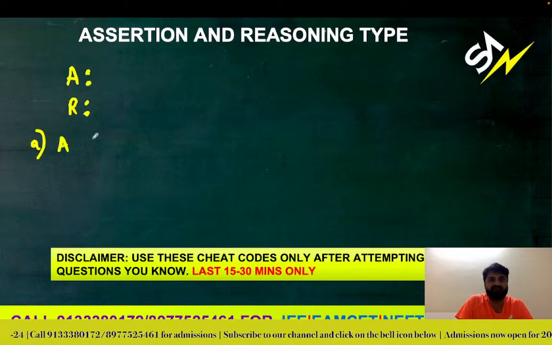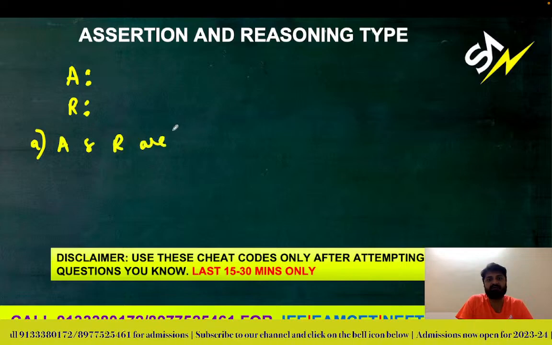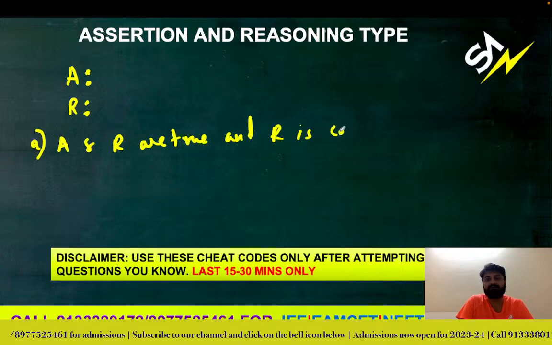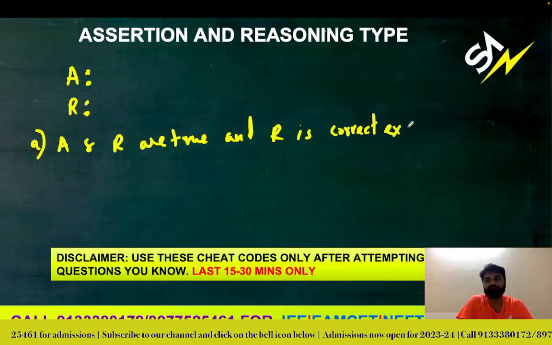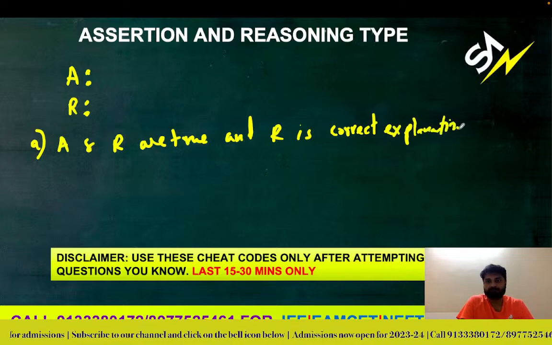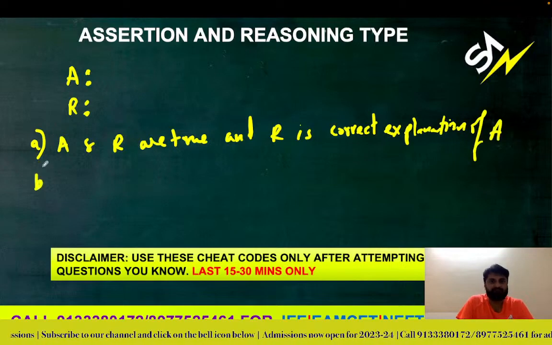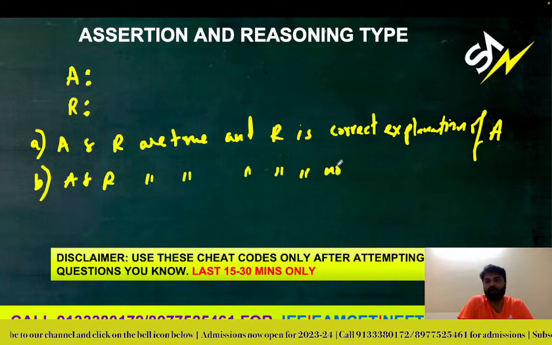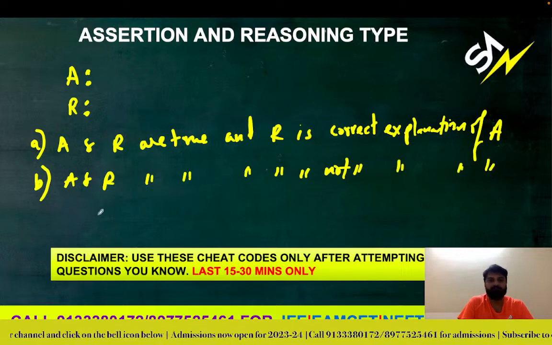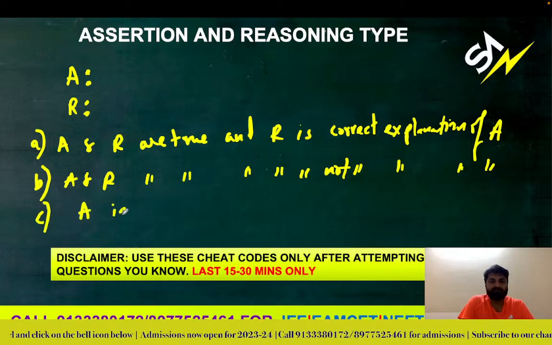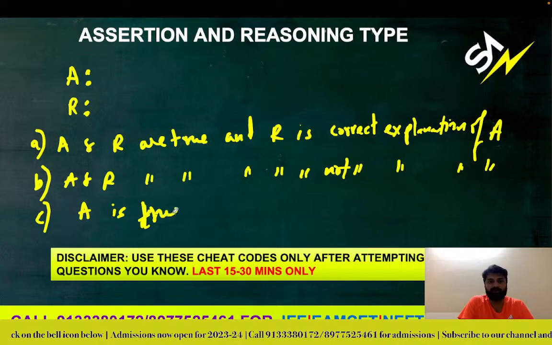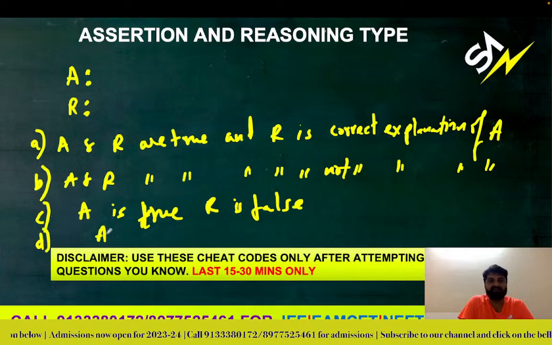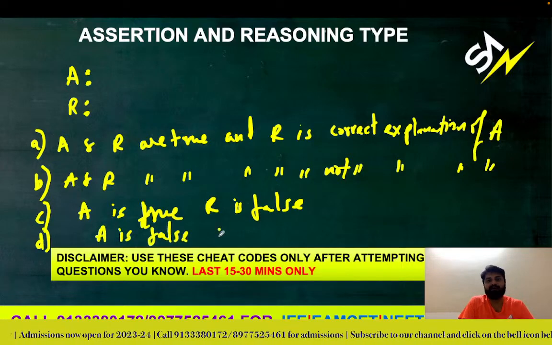The options are: A and R are true, and R is the correct explanation of A. The second option will be A and R are true and R is not the correct explanation of A. The third one is A is true, R is false. And the fourth one is A is false, R is true.